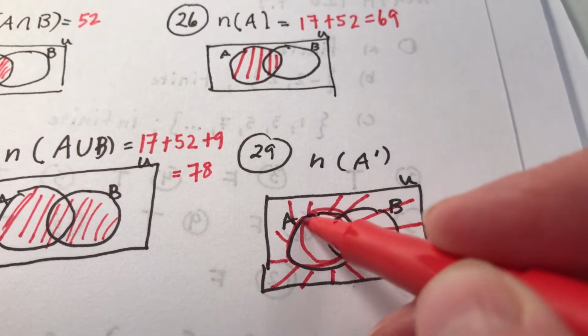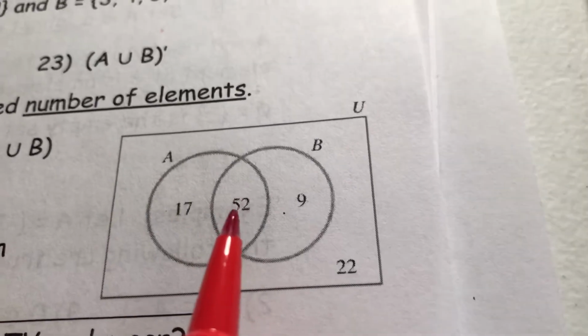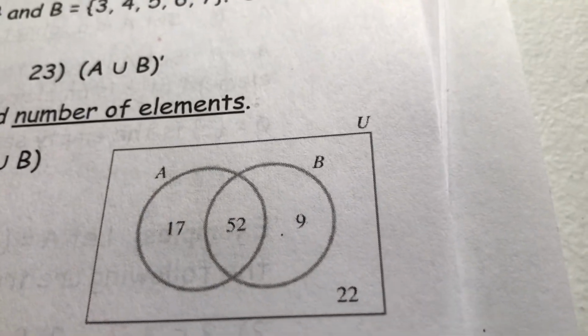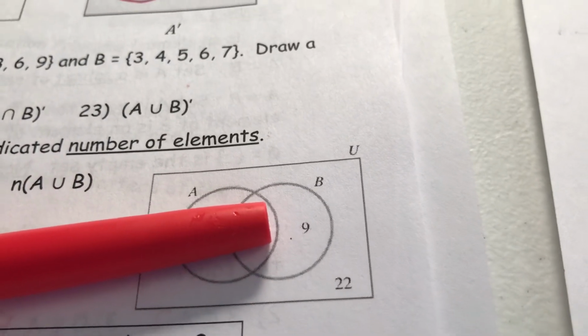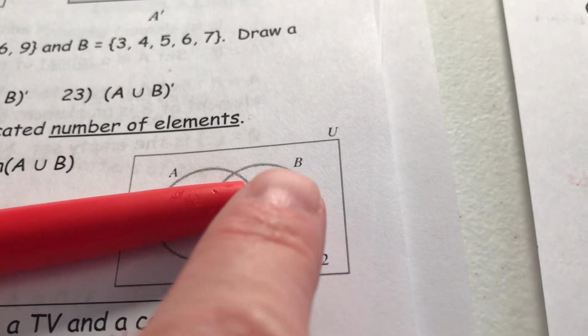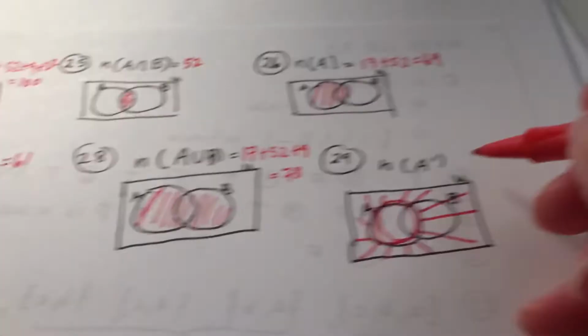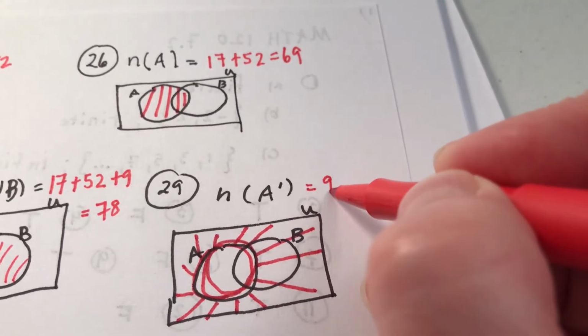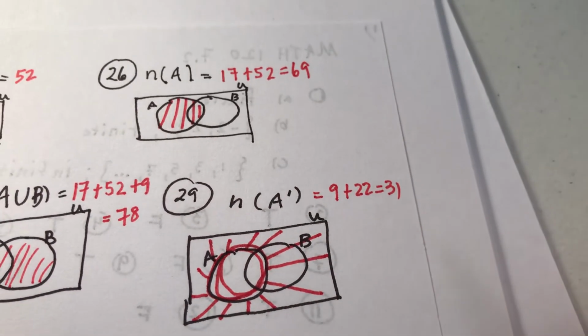We're talking about everything outside of A. All of this out here, not in A. So if I come over here, I have to ignore what's inside of A. Okay, so these are inside of A. I can't look at those numbers. Outside of A is just a 9 and a 22. So I am going to look at the number in A complement to be the 9 plus the 22, which is 31. Okay.